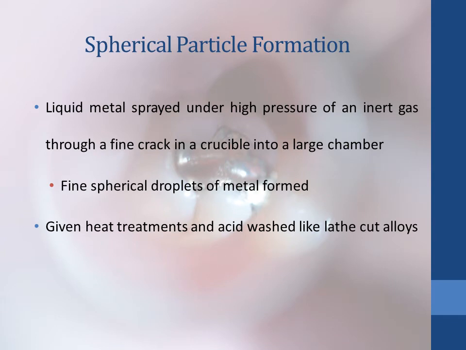The liquid metal is sprayed under high pressure of an inert gas through a fine crack, and fine spherical droplets of metal are formed. Then they are also given certain heat treatments and an acid wash to get the final spherical amalgam alloy. You don't really have to go into the detail of these procedures. You just have to know how lathe cut and spherical particles are formed, basically the general idea.